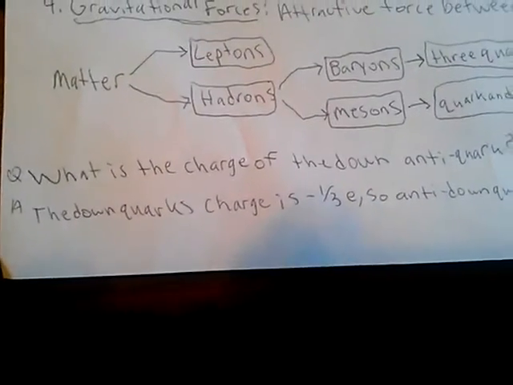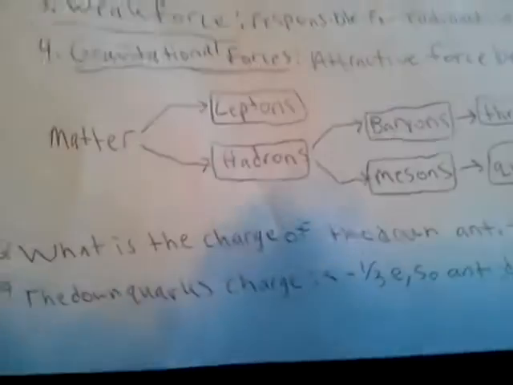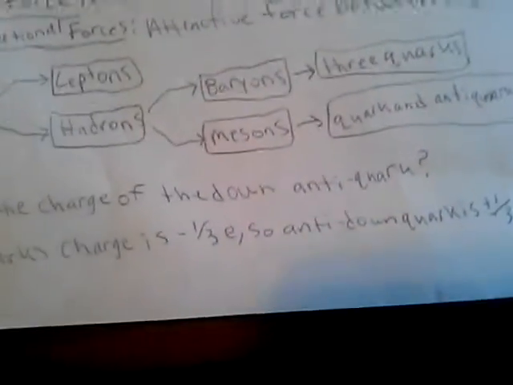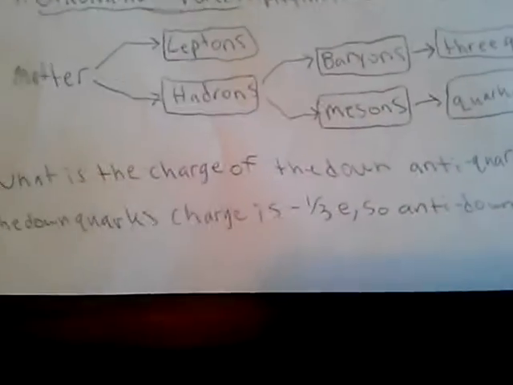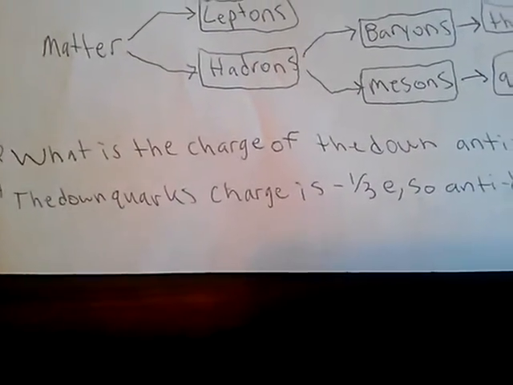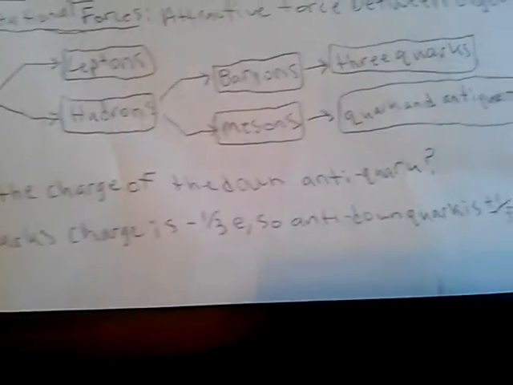Let's do a quick question that demonstrates the use of that table. What is the charge of a down antiquark? Down is negative 1/3 e, and as we stated before, anti means it negates the charge. So the down quark is negative 1/3 e in charge, and the anti-down quark is positive 1/3 e. So that's how you do it.